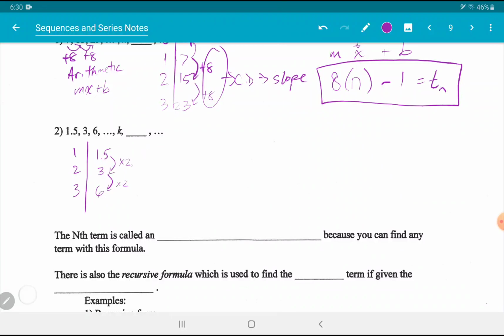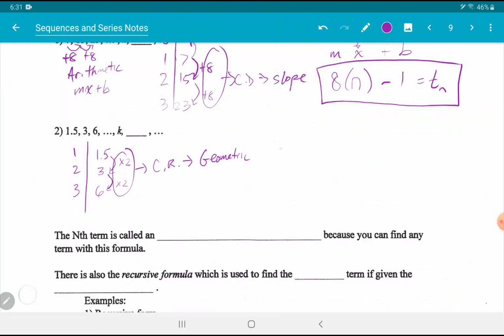So for that reason, because it's a common ratio, we now know that this is going to be a geometric sequence rather than the arithmetic we saw up above. So if it's geometric, we know the common ratio of 2 is what's occurring every time.